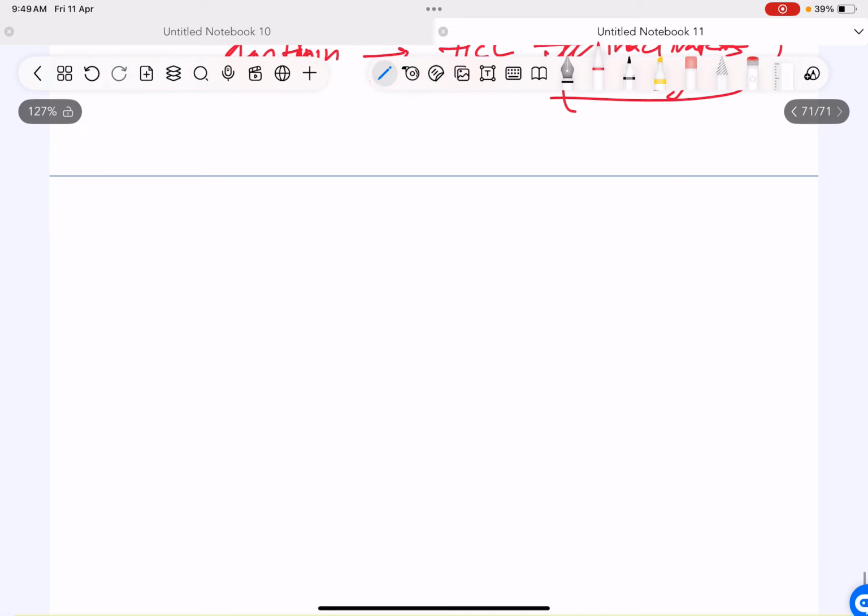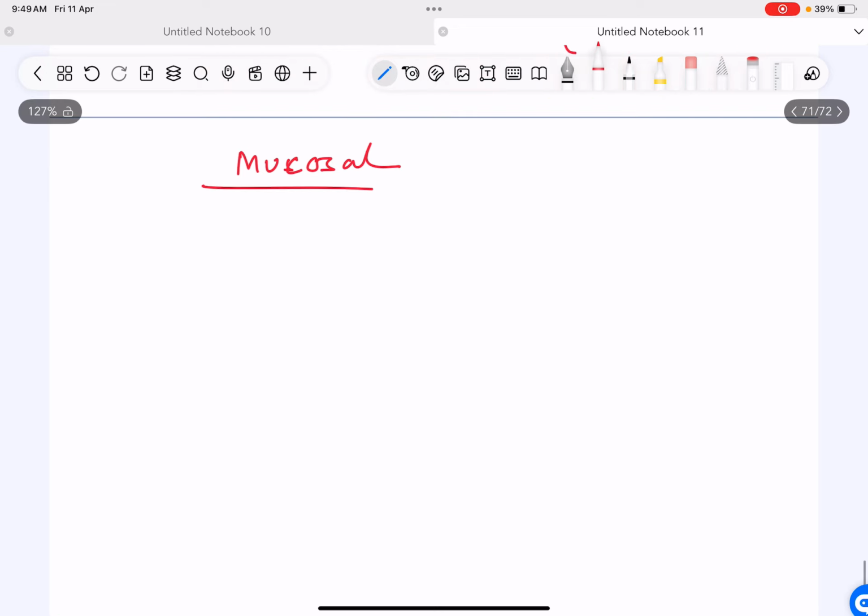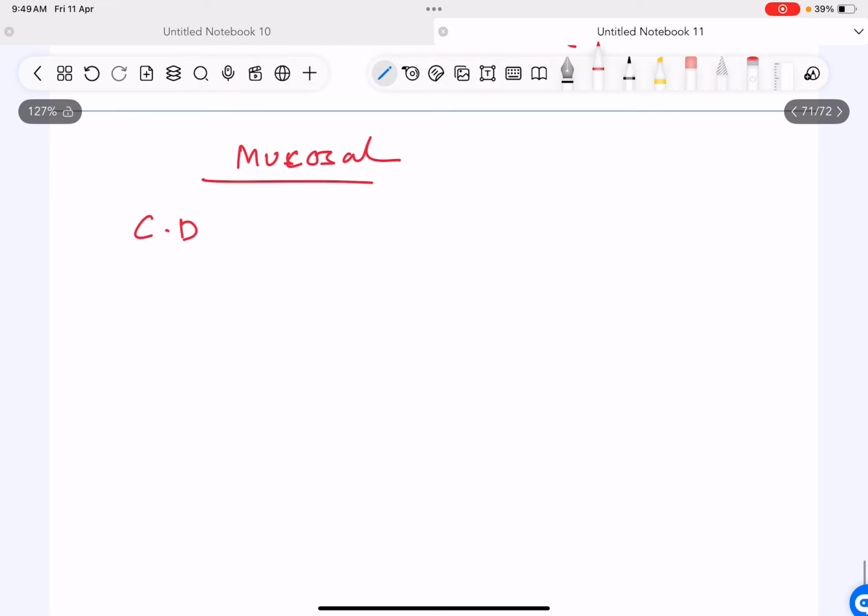Okay, now coming to mucosal causes. So we discussed 4 important intraluminal causes of malabsorption. In the mucosal causes, we know celiac disease is there, tropical sprue is there, Whipple disease is there, giardiasis.